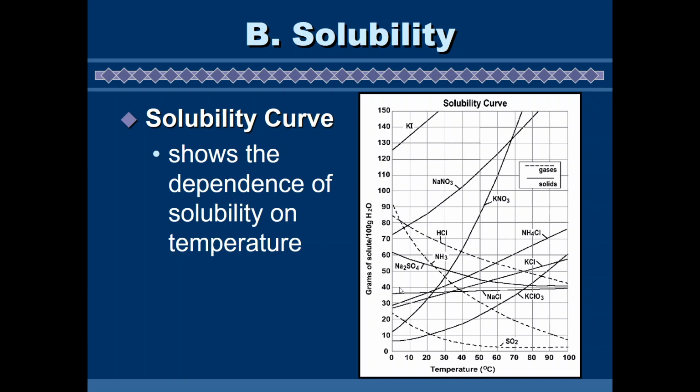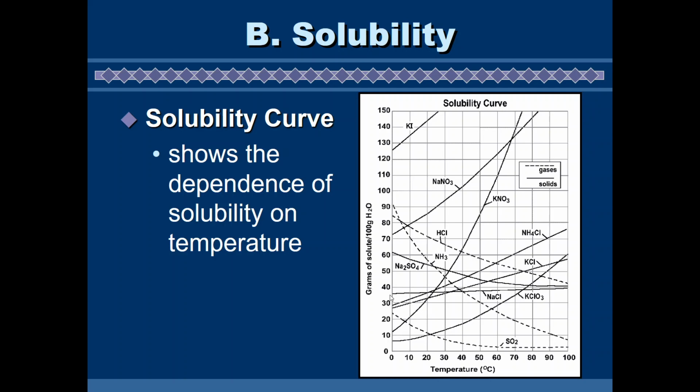So, let's look at something we're used to. NaCl. Does anyone know what NaCl is? Salt, ordinary table salt. So, at freezing, about 35-36 grams of salt will dissolve for every 100 grams of water.